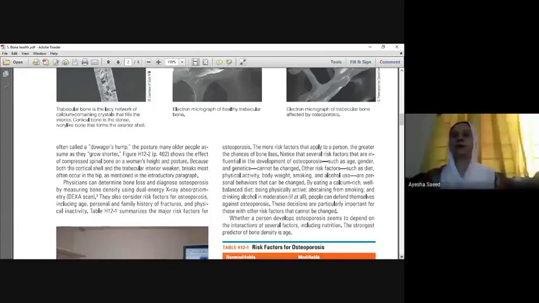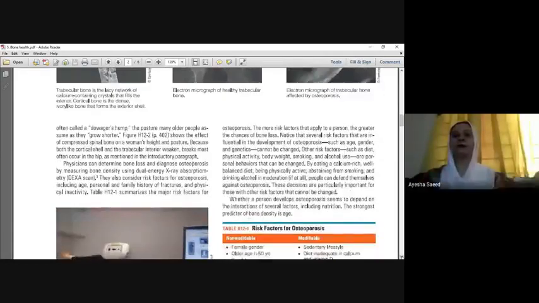breaks most often occur in the hip, as mentioned in the introductory paragraph. Physicians can determine bone loss and diagnose osteoporosis by measuring bone density using dual energy X-ray absorptiometry, that is called DEXA scan. This DEXA scan is available in Pakistan and is available in many hospitals.